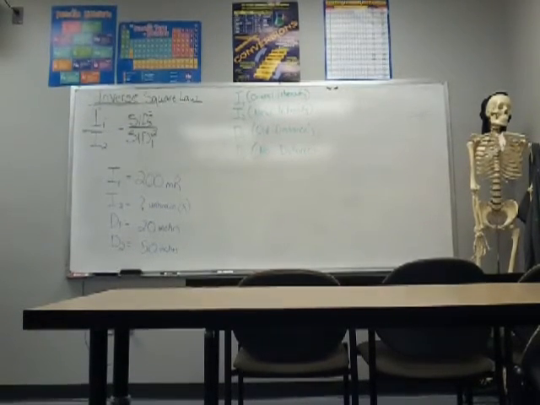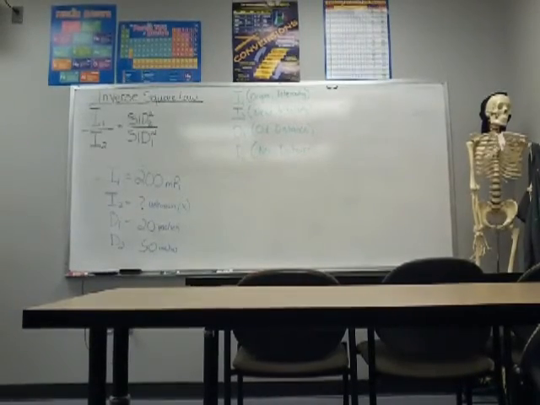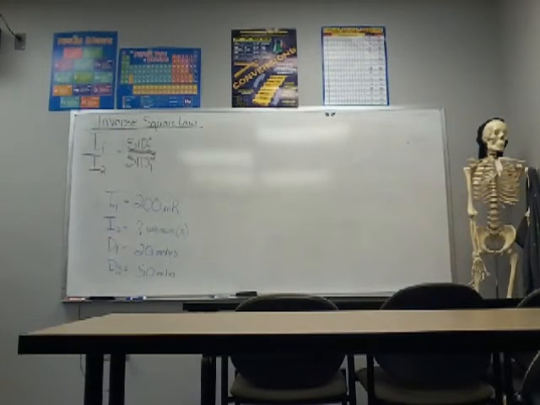So I'm just going to go ahead and start off by plugging everything in from the problem. I'm going to plug everything exactly into the formula the way I have it.